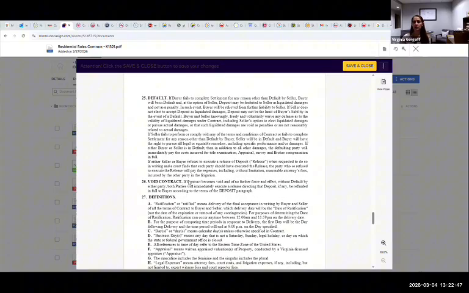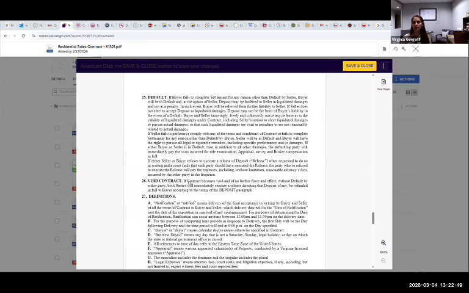Default: if buyer fails to complete settlement for any reason other than default by seller, the buyer will be in default, and at the option of the seller, deposit may be forfeited to seller as liquidated damages.